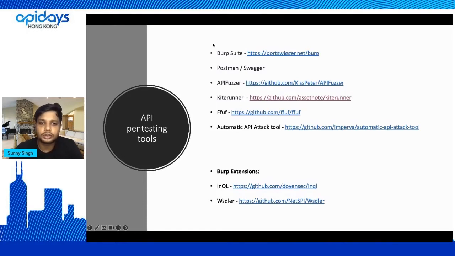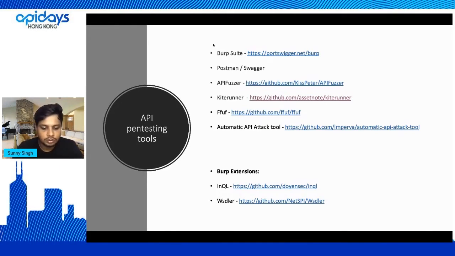So Burp Suite is a proxy tool which can be connected with Postman or Swagger to intercept the traffic, intercept each and every request, and then modify it according to your need, and then check what data is coming from the server, right?